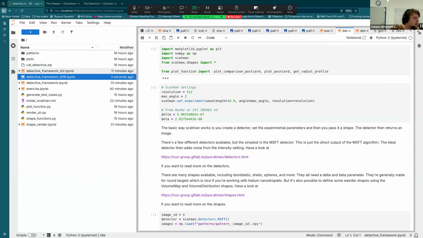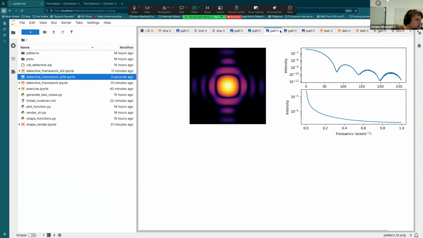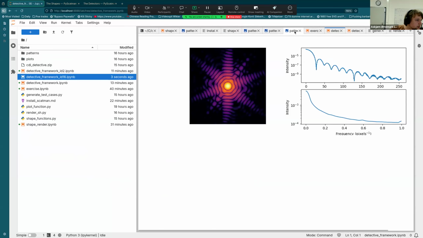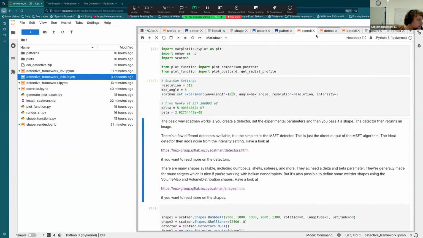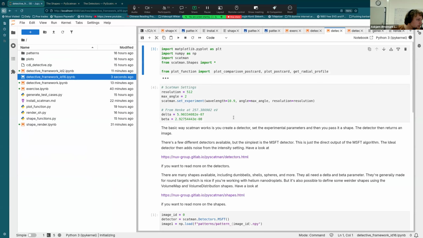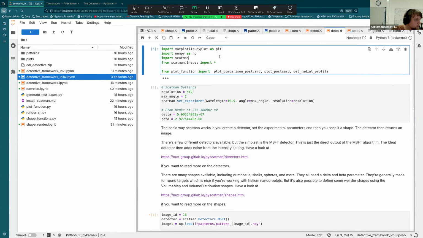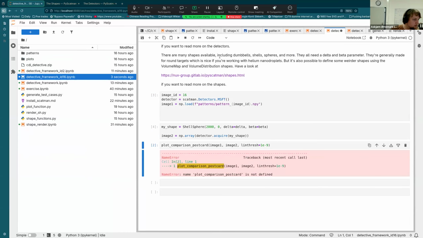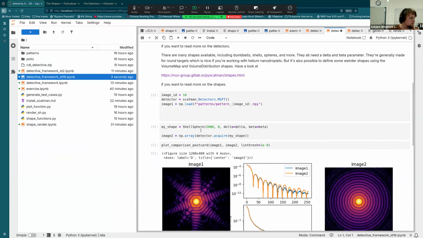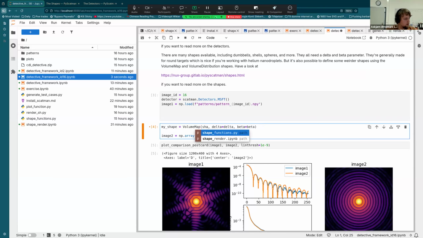This is 16, I think. Have I imported my shape functions?